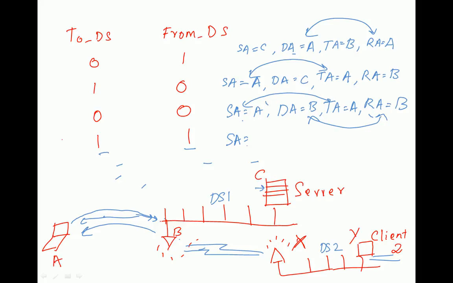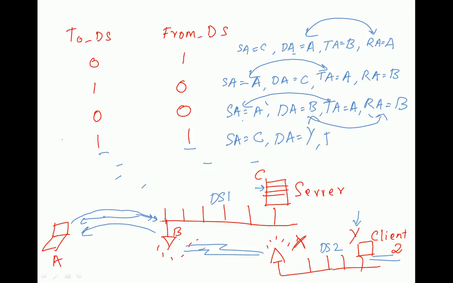You guessed it correct, that's going to be the server. So in our case, the MAC address of the server is C. What is the destination address going to be? The destination address is going to be the final destination of this frame, that is nothing but client 2's MAC address of Y.